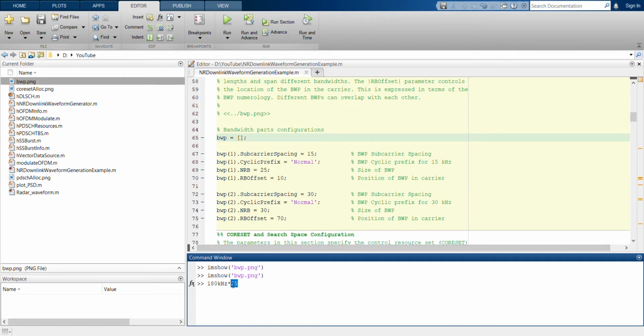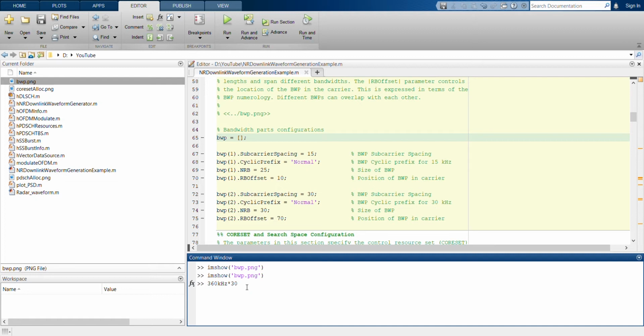So can you guess what the bandwidth is? Let's see. In here, if you remember, one resource block is 12 subcarriers. Since the subcarrier spacing is now twice as large, one resource block corresponds to 360 kilohertz, and you have 30 such resource blocks.